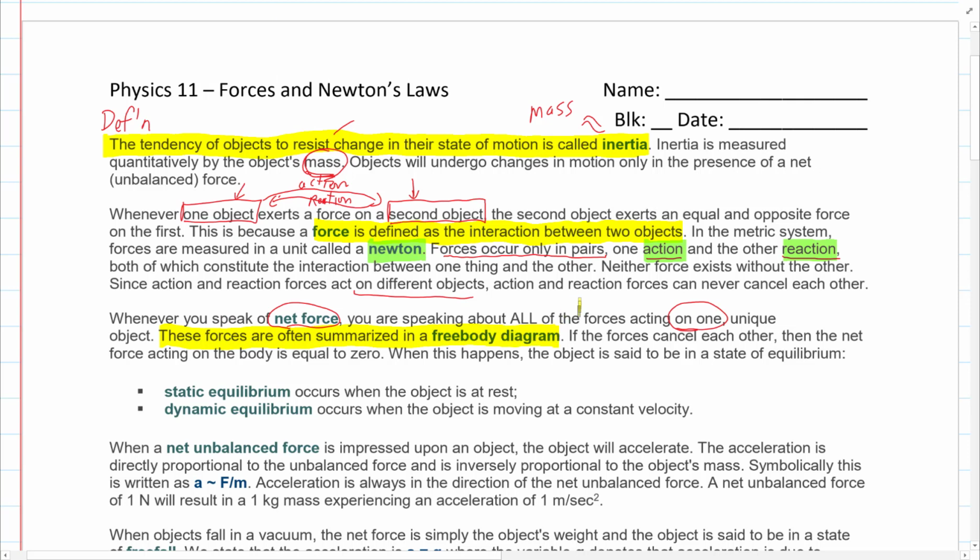That's about 3 lessons away till we start learning how to draw all these diagrams. When the net force is 0, the object is said to be in a state of equilibrium. So if all the forces add up to 0, F1 plus F2 plus F3, all these forces, then the object is in equilibrium.